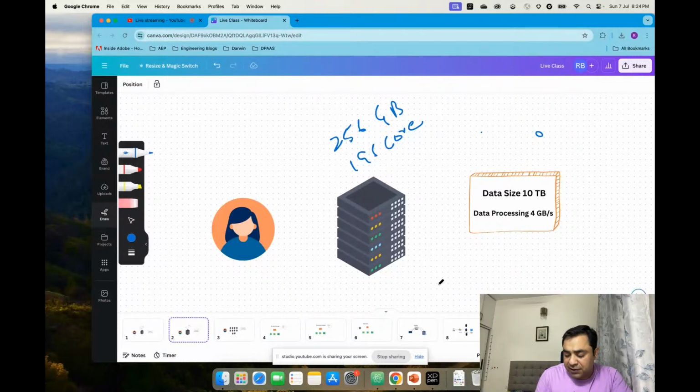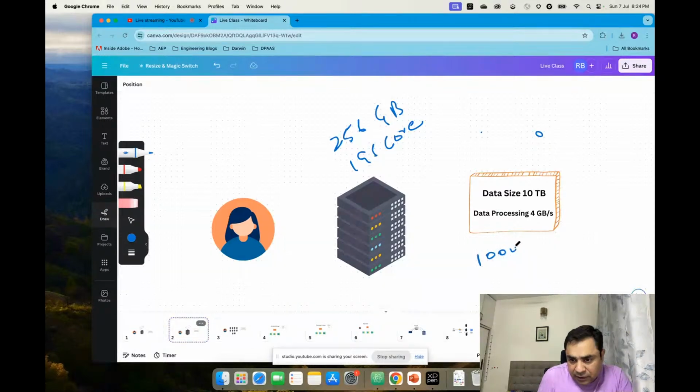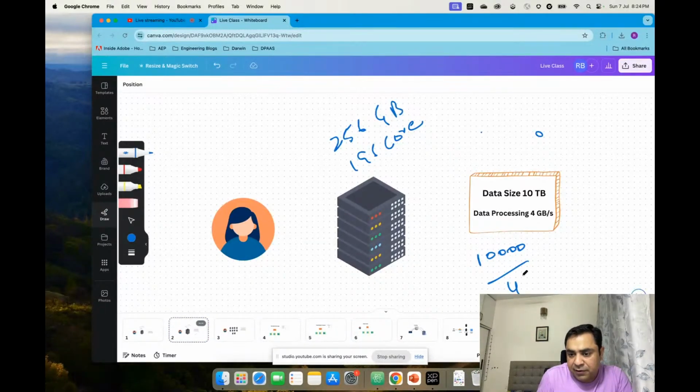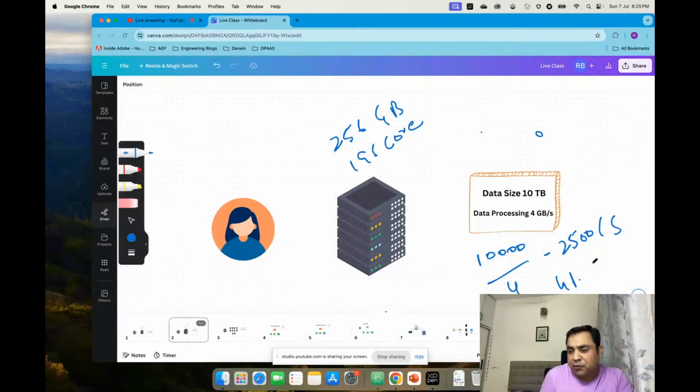So how is this 2,500 seconds calculated? 10 TB is 10,000 GB, divided by 4 GB per second, which equals 2,500 seconds. In terms of hours, it comes to around 41 point something minutes.